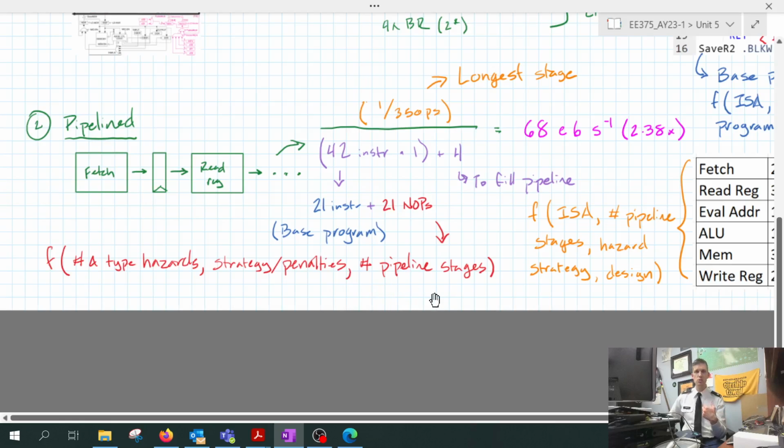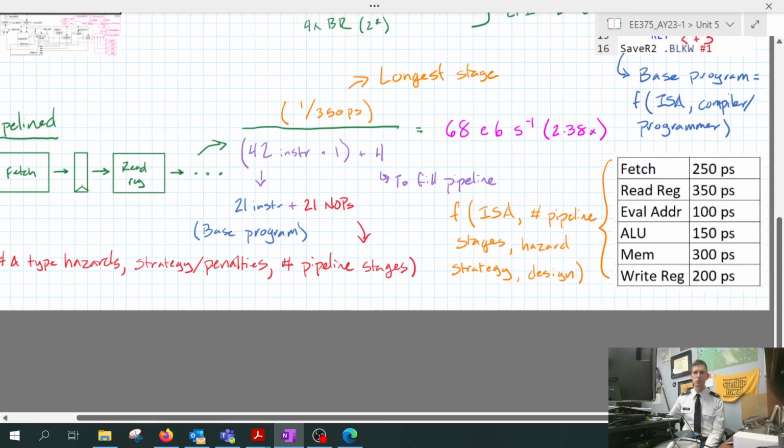If I introduce lots of pipeline stages to get my delay values really small, well, then every time I have to stall my pipeline or flush my pipeline, the number of no ops is correlated to the number of pipeline stages. So there's a negative effect on my performance in terms of number of pipeline stages.